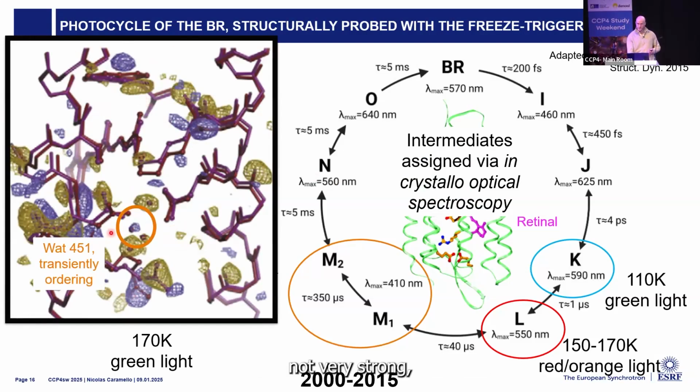And one of the features, not very strong, but consistent over several structures of this state, is this positive peak here that the authors modeled as a transiently ordering water molecule. This is quite important because that means that it can be involved in a transient proton pathway to take part in the shuttling.